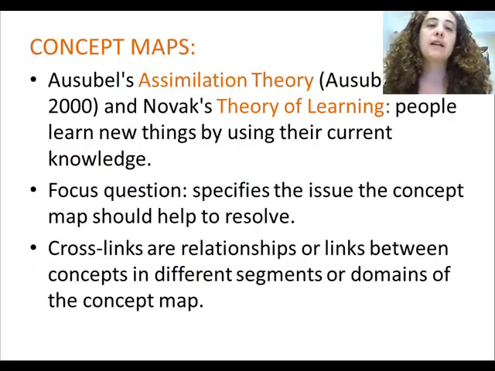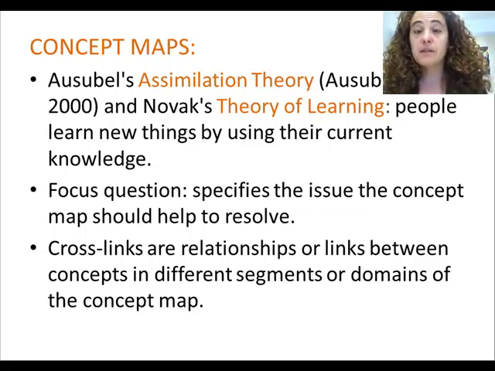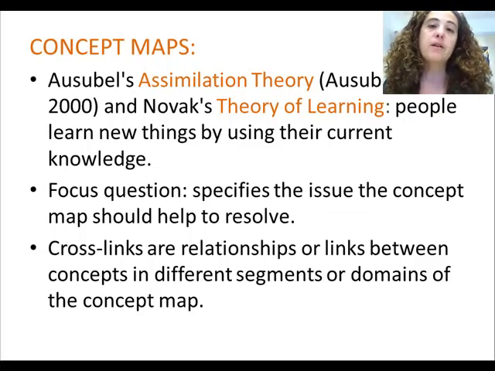Concept maps were actually based on Ausubel's assimilation theory and Novak's theory of learning, which came to say that we learn by reusing what we already know. They're based on a focus question, a thread throughout the entire concept map, and it specifies the issue that should be dealt with in one particular concept map.